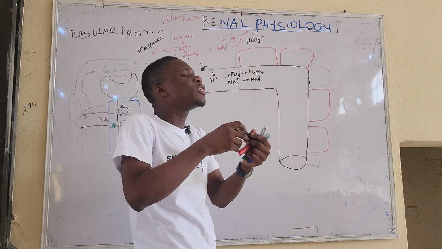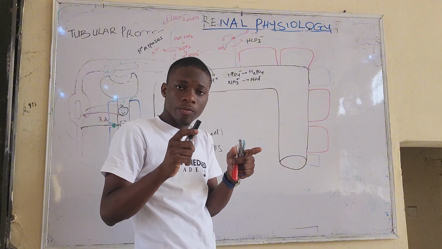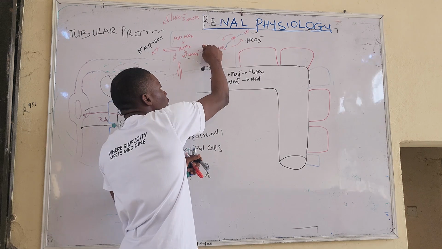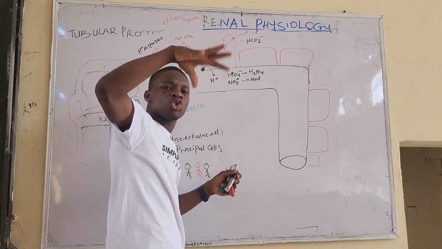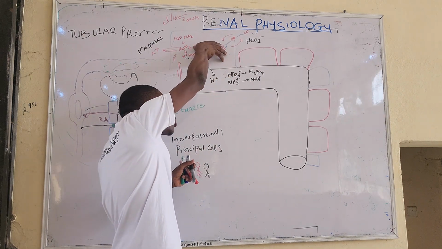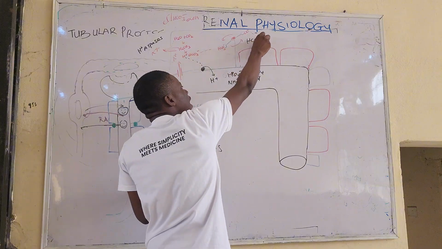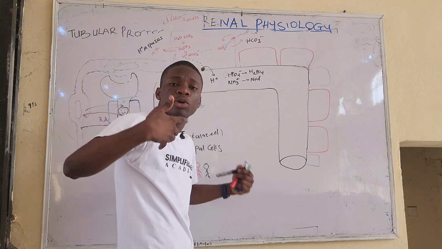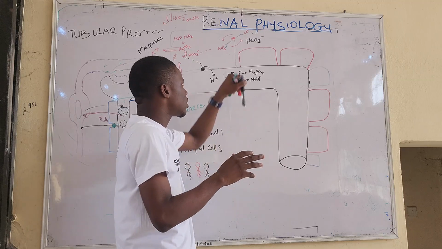That means if the body is in acidosis, this thing will work very importantly. Don't worry, when you look at renal compensation, you will understand what I'm trying to say. This thing will work much more actively, so HCO3 can go outside to neutralize that acidic nature, so your blood can become neutral. Is it clear? That's just the importance of this thing.